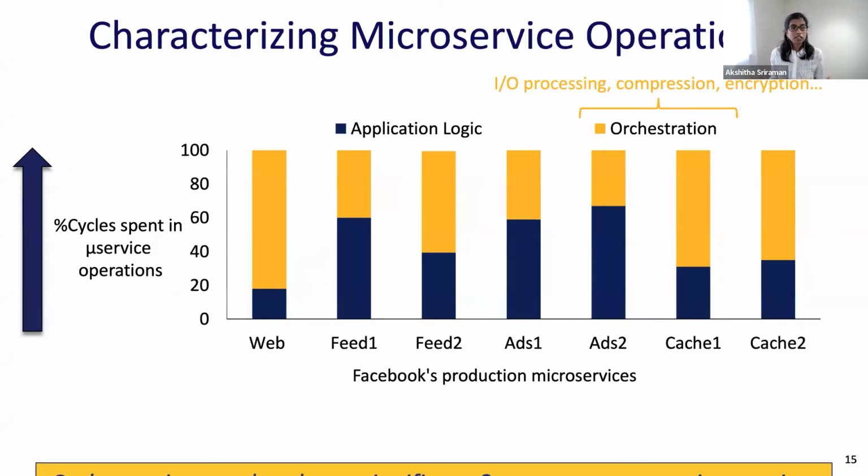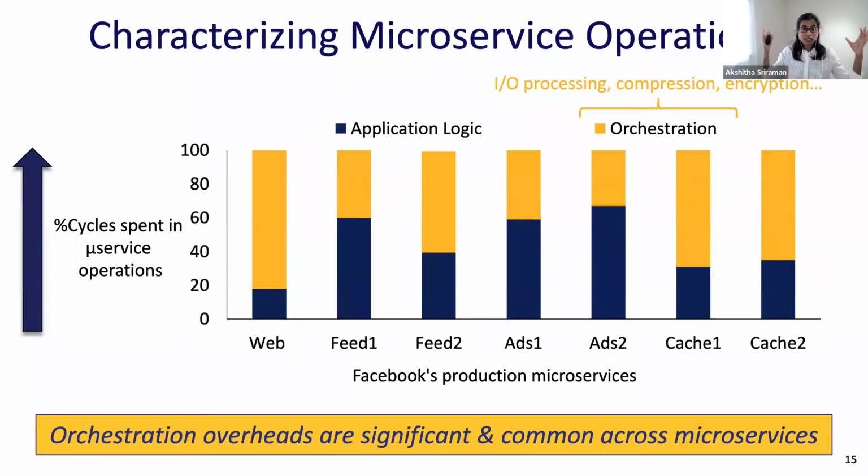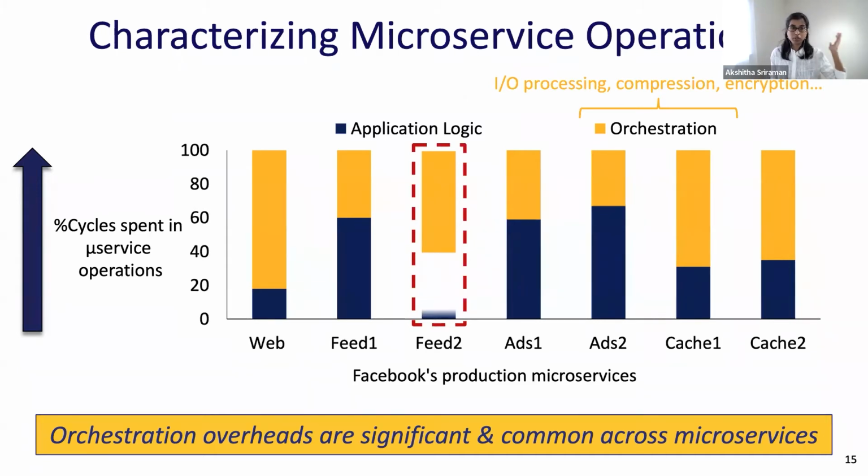So not only are these orchestration overheads significant, but they are also common across microservices. Let's consider one of these machine learning heavy microservices, something like Facebook's newsfeed microservice. Now, with several architects building a machine learning inference accelerator these days, let's say we take one such accelerator and allow it to completely optimize away Feed's inference operation.